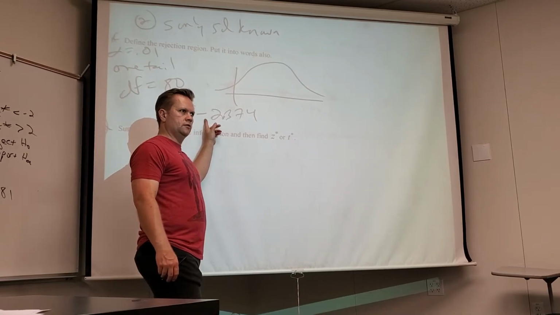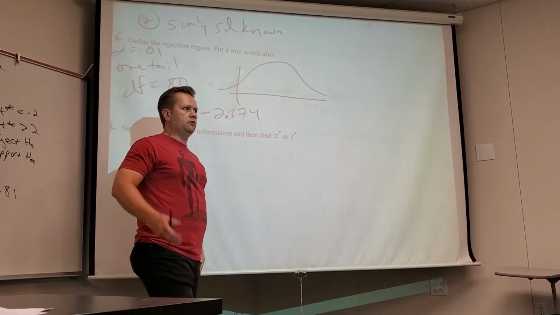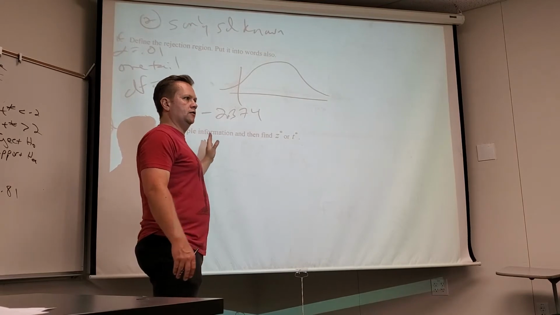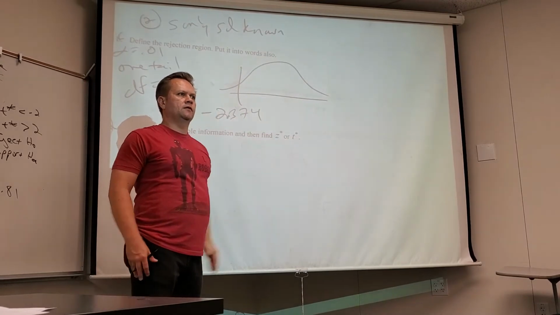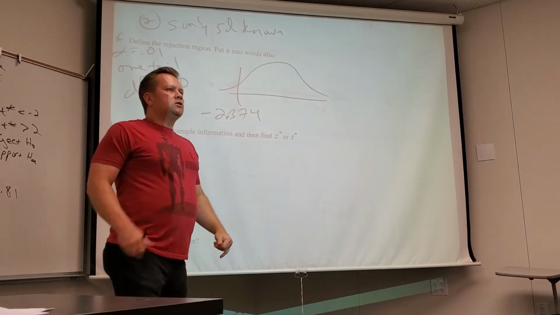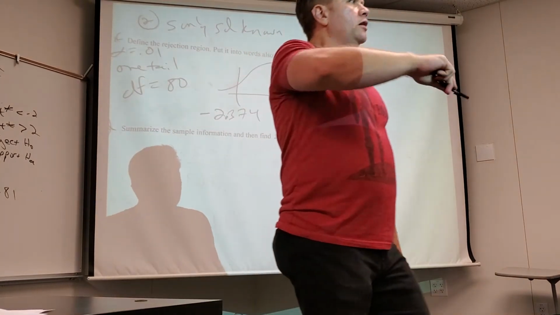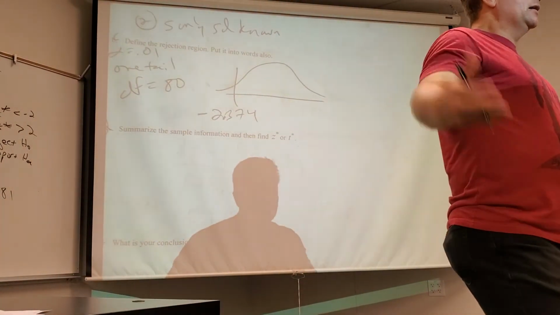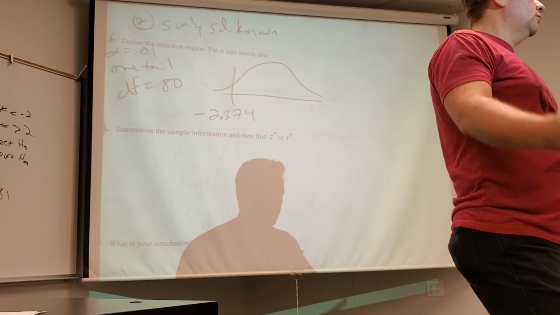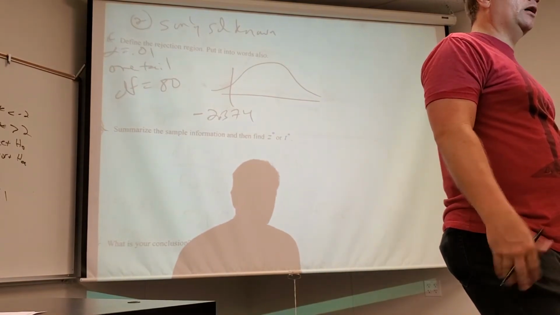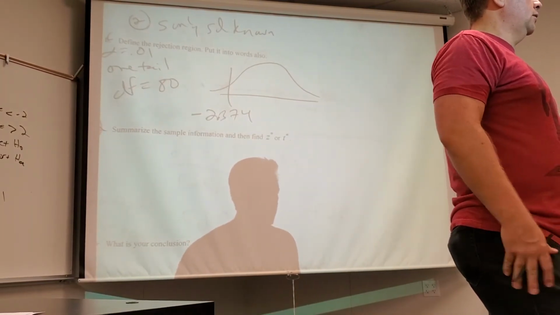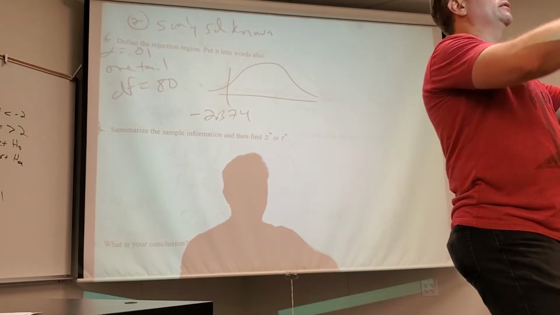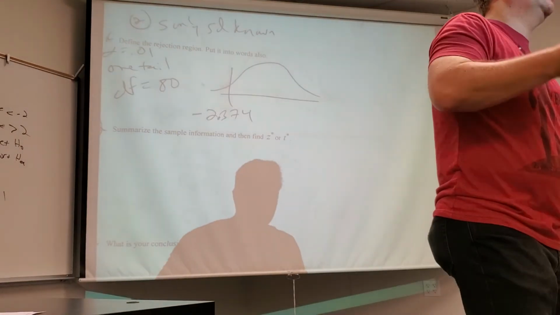If it's on this side, it's negative. That side is positive. Why does the T-score chart not have any negatives on it? Because we didn't want to waste ink. We know when to put the negative on it. I just need to know what the number is. Why would they make a whole other side with the same numbers, just negatives on it? That wouldn't make any sense.